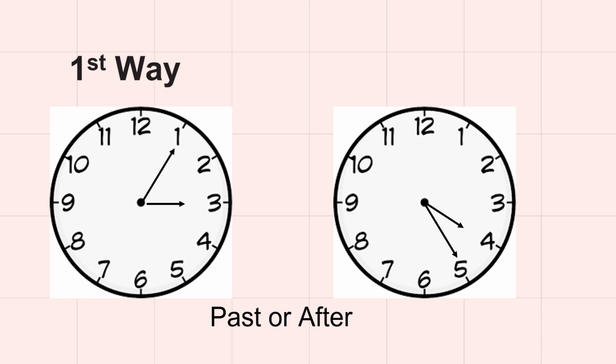If the time does not end in o'clock or zeros, and the long hand is on the numbers on the right-hand side of the clock, 1 through 5, we say it's past or after the hour, using the numbers of minutes. It's 5 past 3, meaning 3 o'clock, or it's 25 minutes after 4.